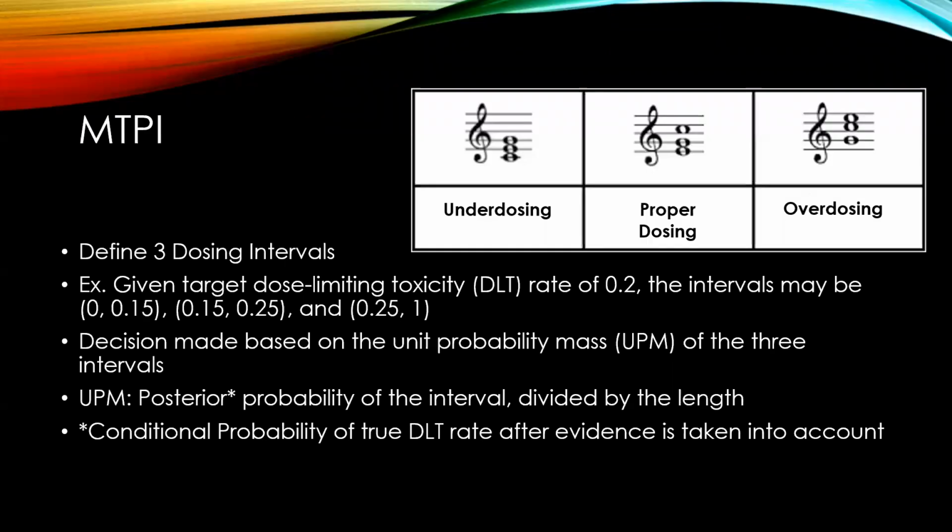So first, let's talk about the MTPI, which was kind of the one that kicked off this whole model-assisted craze. So the MTPI, its acronym, it stands for Modified Toxicity Probability Interval Design.